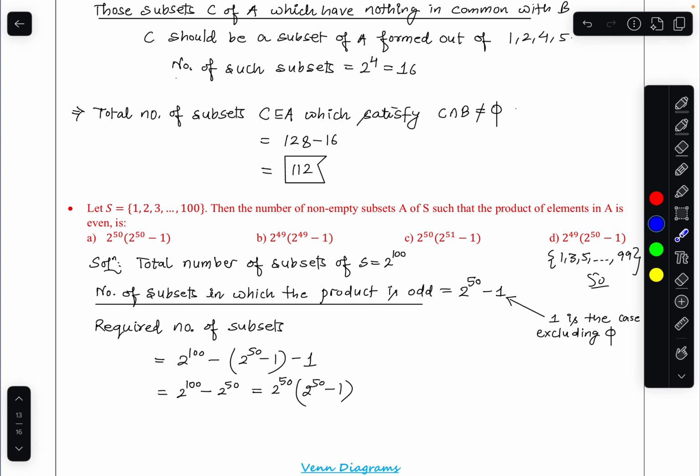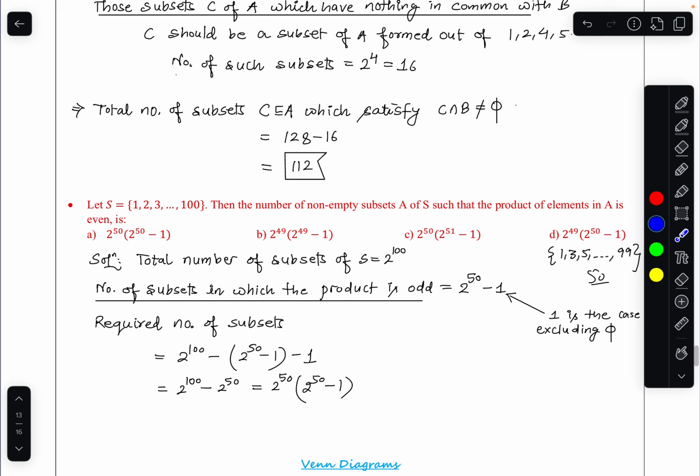So what happened here is we had a set given to us which had 100 elements in it. We wanted to find the number of non-empty subsets of S such that the product of elements in them is an even number. Now to get the product even, I started by considering the product odd case. If I want the product to be odd, I need to choose the subset in such a way that the elements of it come out of 1, 3, 5 and so on up to 99.